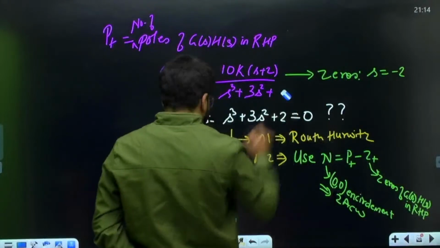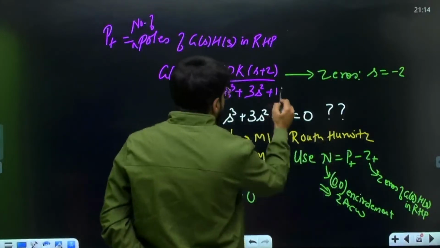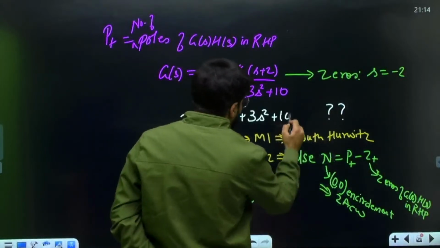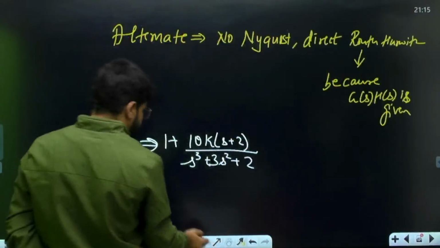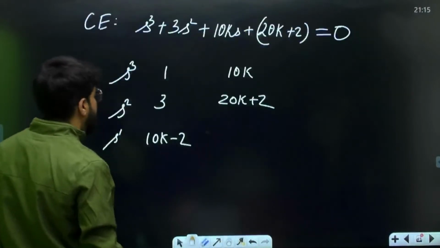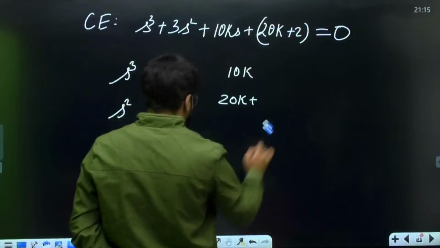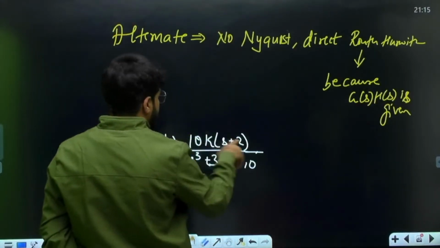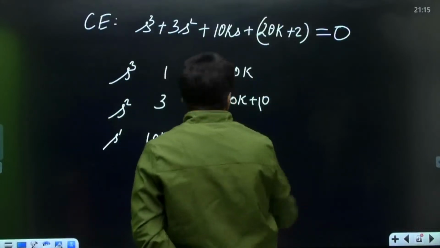There was a typo error, I think, in the PPT. Okay, let me make this 10, so plus 20k and plus 10.